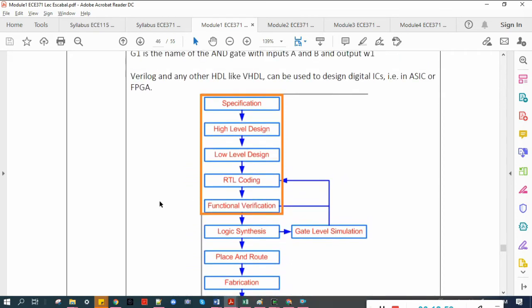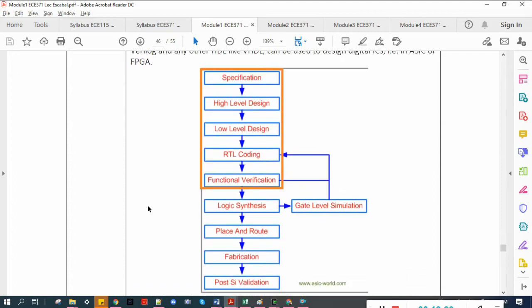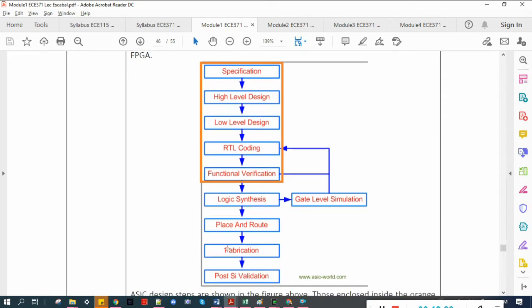We will just test the functionality without checking the timing of the digital circuit. But we should know that timing verification is very important if we are to actually fabricate our design.